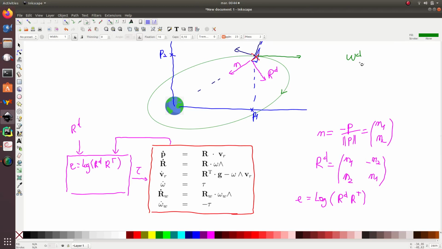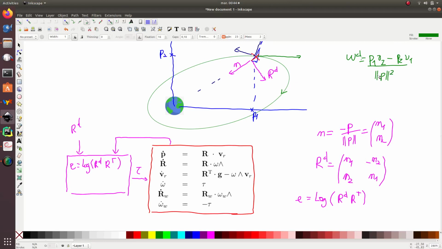So it will correspond to the rotation rate of the magenta frame of RD. So it will be given by P1 V2 minus P2 V1 divided by the norm of P squared.